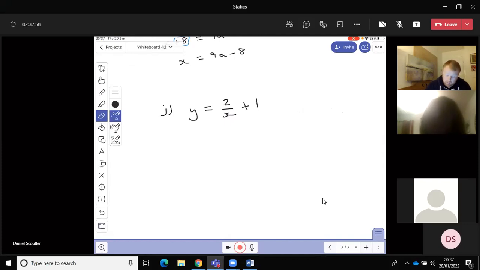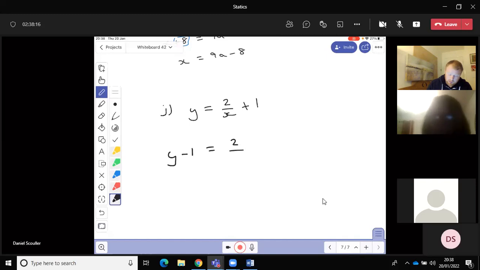What I want to do here, this follows BODMAS, so we can move the add or subtract over. I'm going to keep everything on the same side and you'll see why in a second. We can move add or subtract over, so it becomes y minus 1 equals 2 over x. I don't want to leave that x at the bottom.